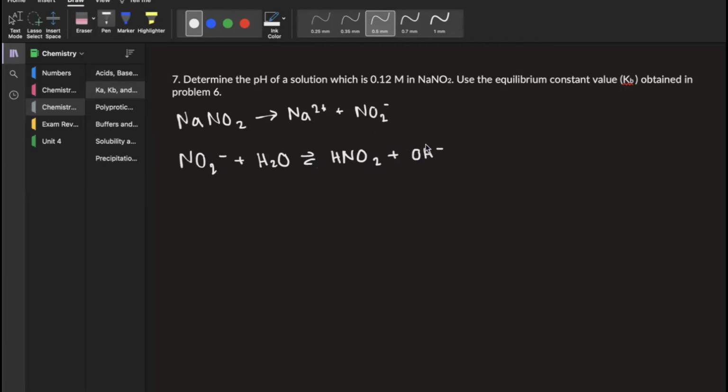Now we can continue with what we usually do and create our expression, which is going to be HNO2 times OH negative over NO2 minus.